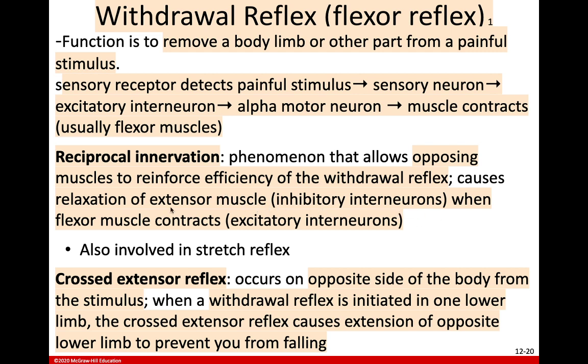You will have branches of this interneuron, it might be branches of the sensory neuron. We'll see in the picture in a minute. We'll have branches of, I think it might be the sensory neuron, that are going to not only synapse with excitatory interneurons to stimulate these alpha motor neurons, but also inhibitory interneurons to inhibit the alpha motor neurons going to the extensor muscles.